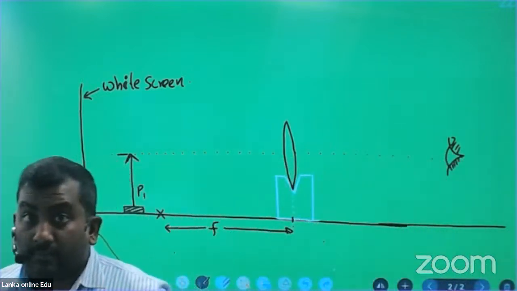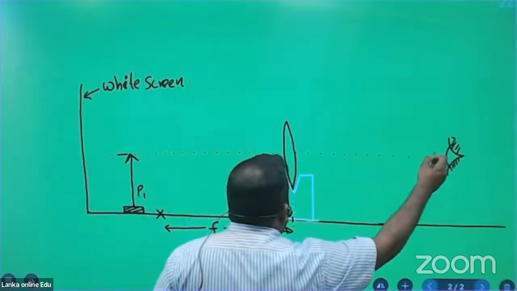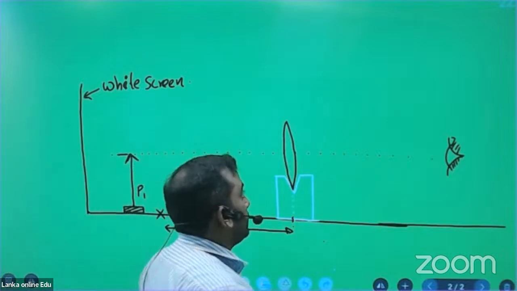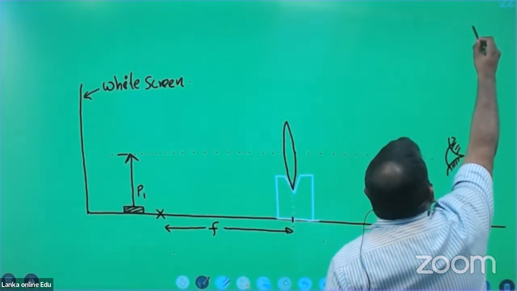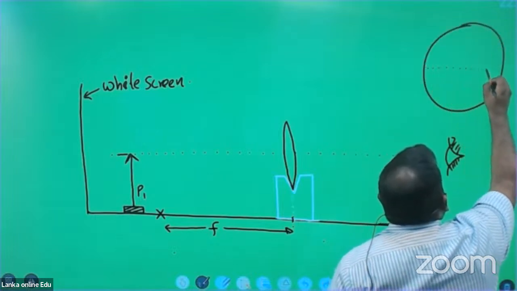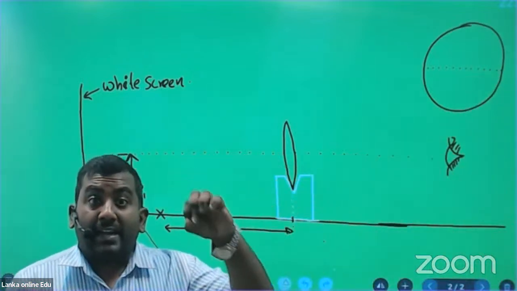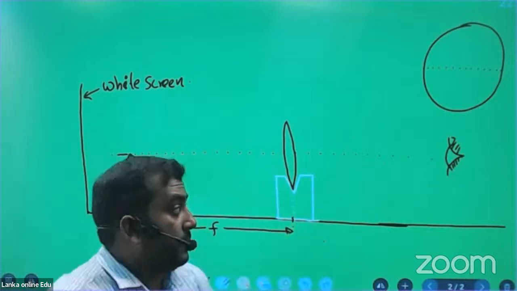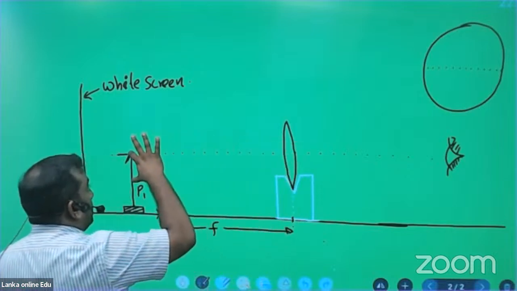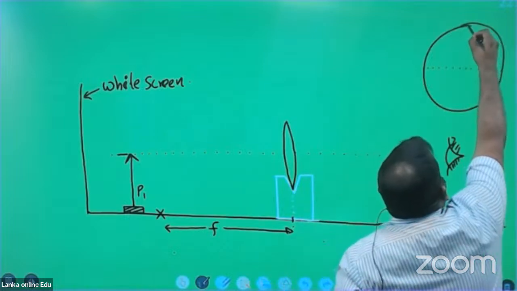What will you see? Now be careful. You're looking through the lens. What are you supposed to see? If I draw it here, that's your lens. That's the center line. You will see an inverted magnified image of the pin, because this part is going through the lens.